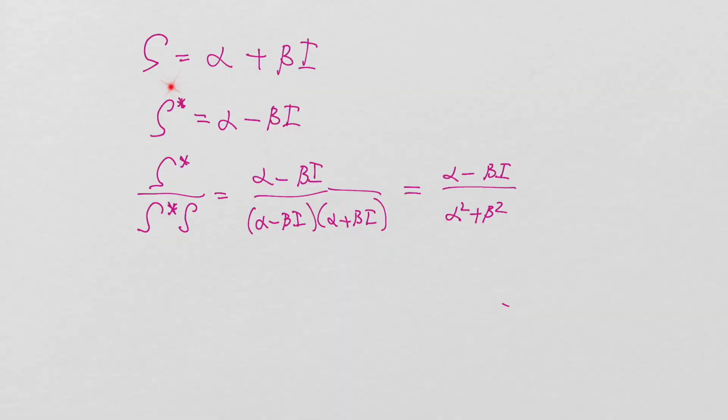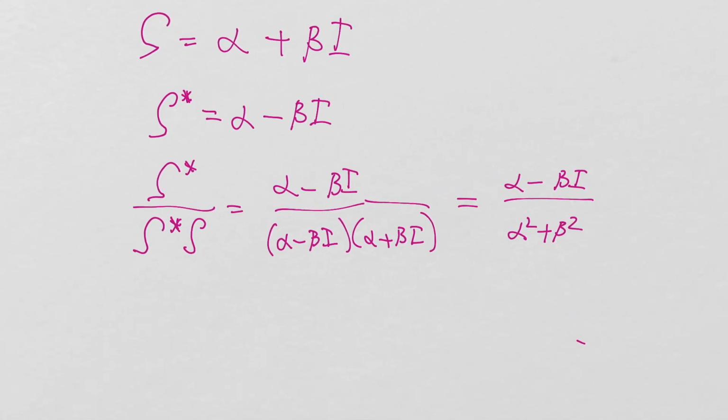Well, this one's really easy to see, right? If you have a complex scalar, alpha plus pseudoscalar part beta I, its complex conjugate is alpha minus beta I. And just like complex numbers, the denominator, conjugate times the original complex number, is going to give you alpha squared plus beta squared, with this plus sign coming from picking up a minus sign from the product and then another minus sign from I squared.